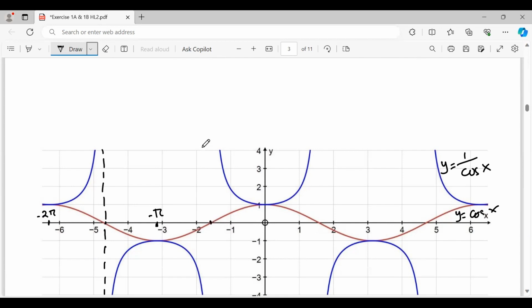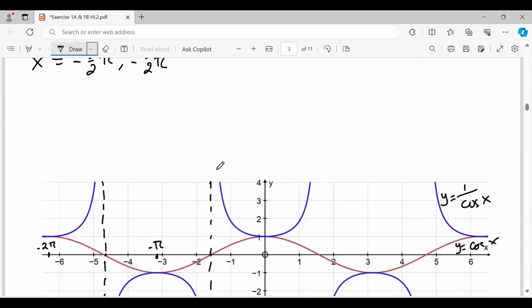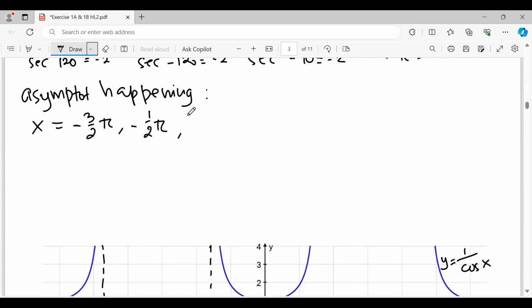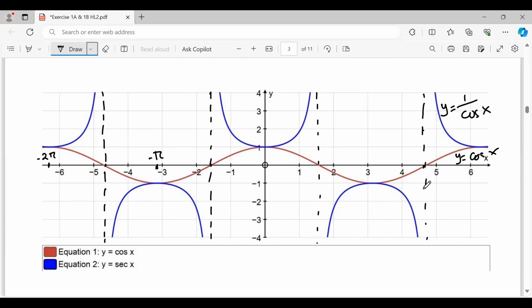Here, the intercept point. And next, half pi. This is the asymptote here. And as well here, 3/2 pi.